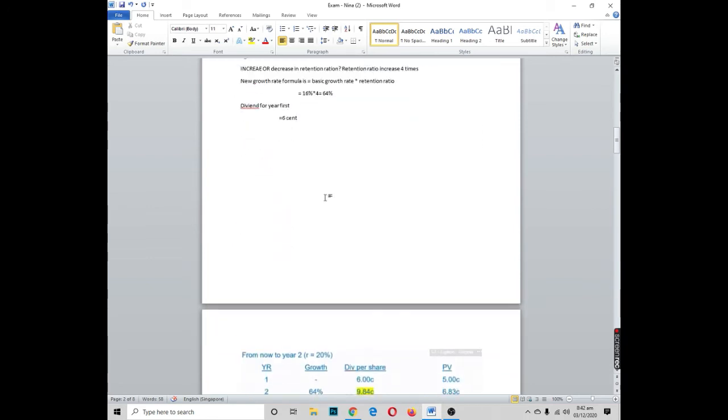So first year, growth, dividend, present value. In year 1 no growth, so we leave the column. Dividend, here we find dividend for year first 6 cents.